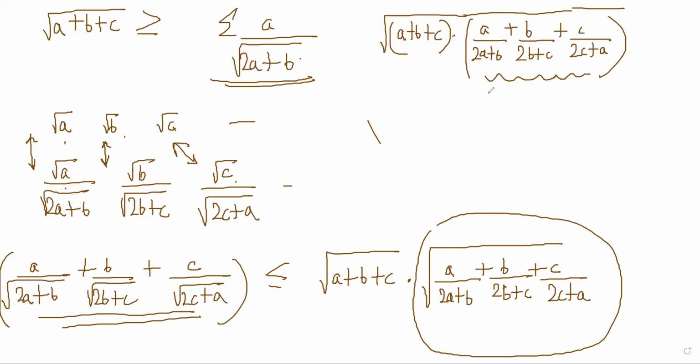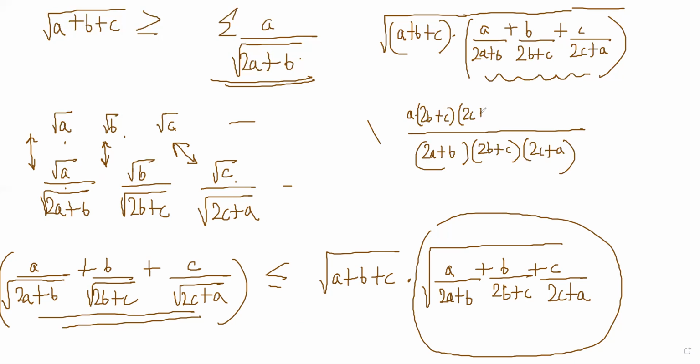So I'm thinking if there is a way to avoid taking a common denominator or not. But there might not be. You can just solve it. Take 2a plus b, 2b plus c, and 2c plus a here, and multiply a into 2b plus c into 2c plus a.